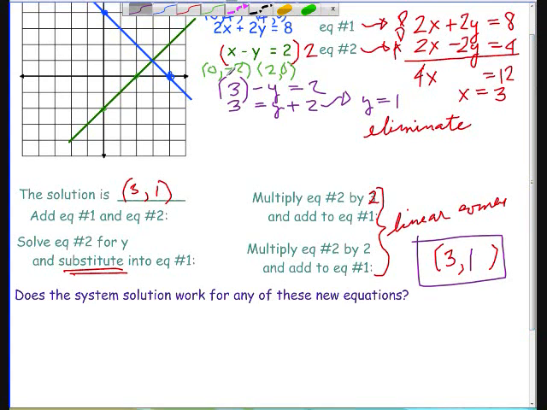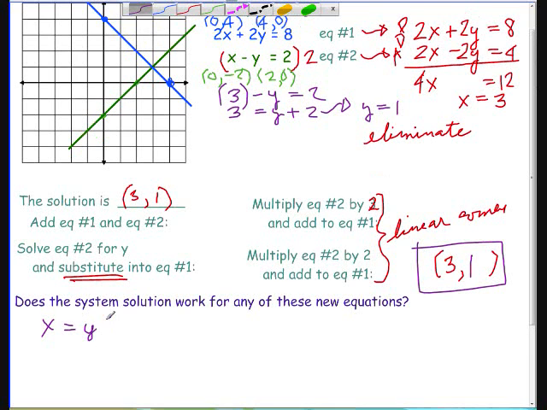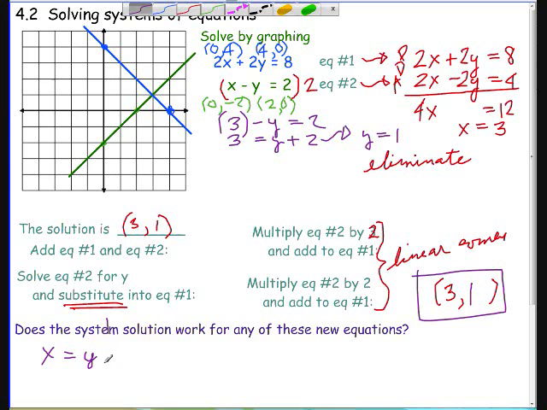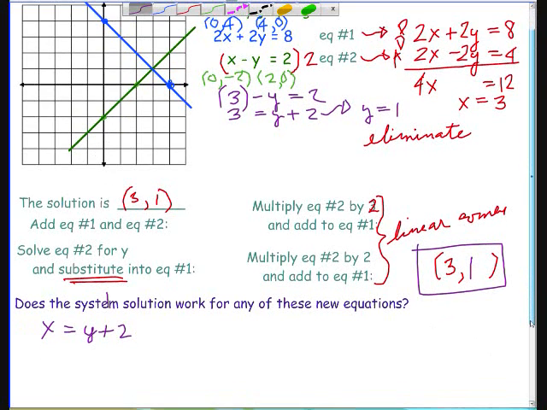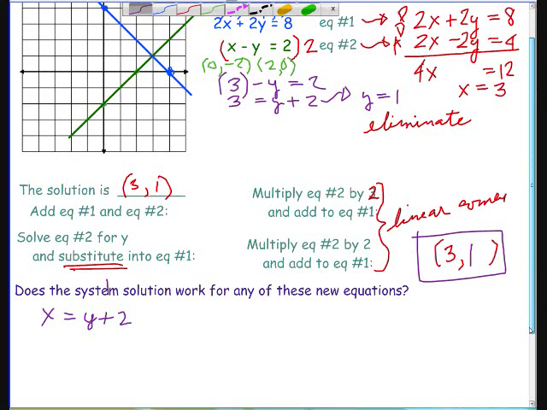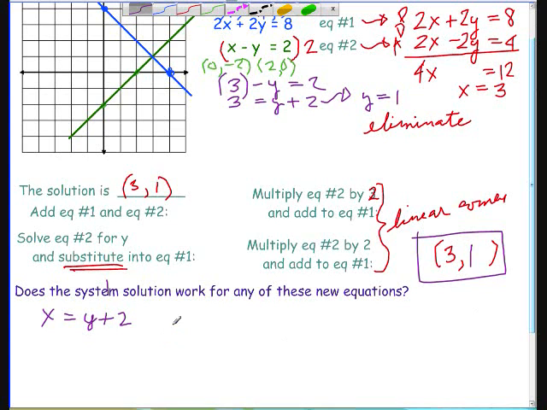Because I can easily solve for x here, couldn't I? In fact, I did when I did this. x equals y plus 2. And now I substitute that into equation number 1.